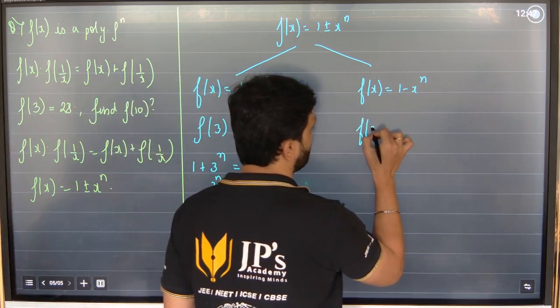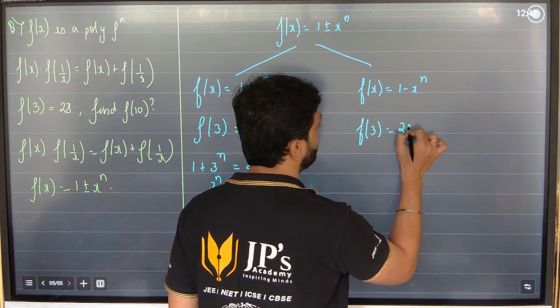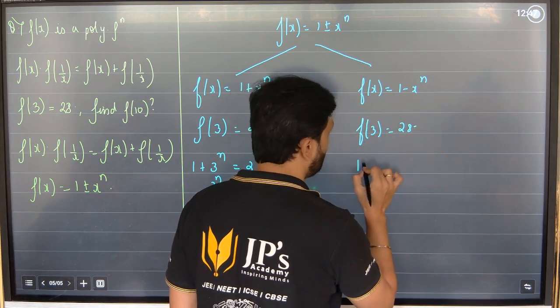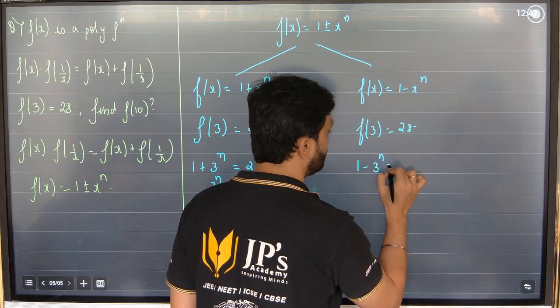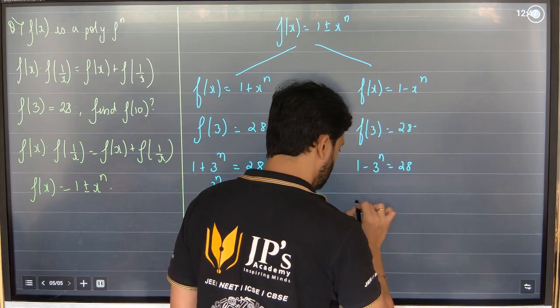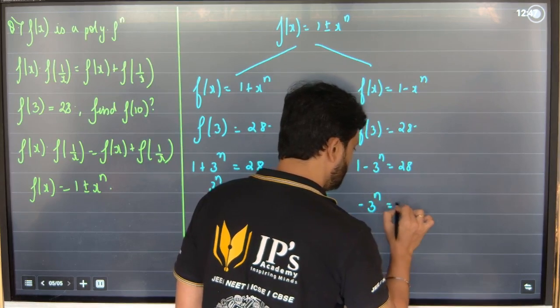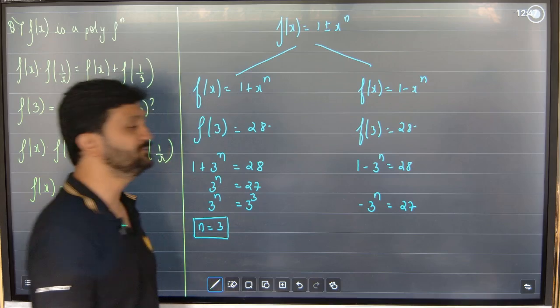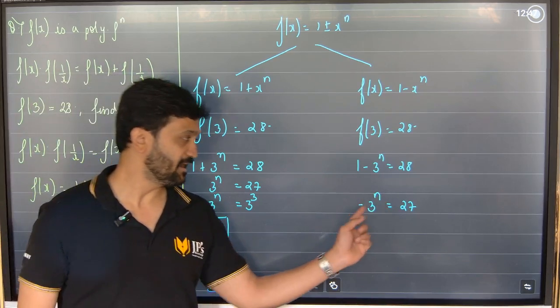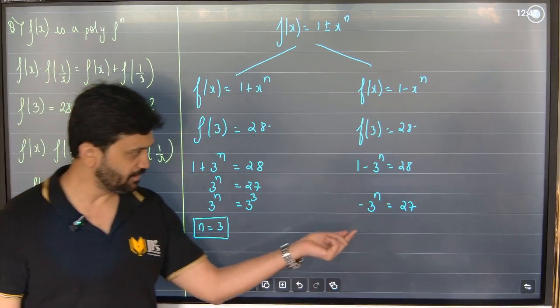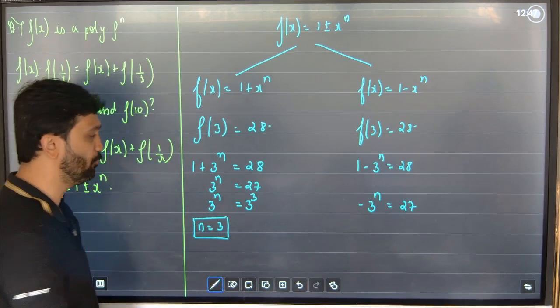Okay, I've got n equal to 3. Let's check for the other case. Again, f of 3 is equal to 28. 1 minus 3 raised to n is equal to 28. Minus 3 raised to n is equal to 27. Now the problem is that I can't compare this because it's a negative value and a positive value. So this is not possible.